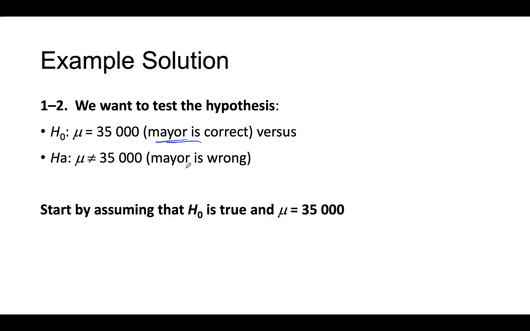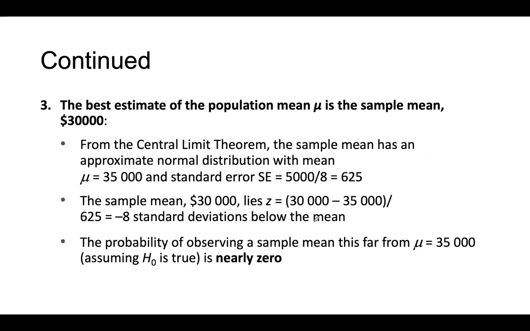So the alternative is the mayor is wrong, that the average is not 35K. So we start by assuming the mayor is correct and we test that mu is 35K. The best estimate of this population mean is the sample mean of 30K.